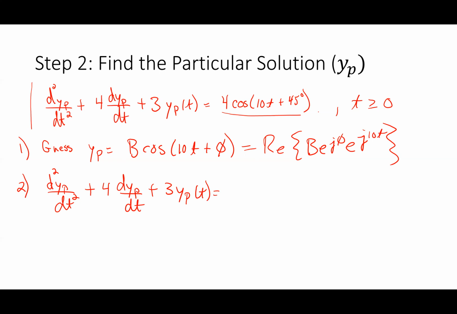I don't say 4 cosine 10t plus 45 degrees. I put its dynamic phasor. What's the dynamic phasor that goes with that? What goes with 4 cosine 10t plus 45 degrees? That's going to be 4 e to the j 45 degrees, e to the j 10t. Yep, that's it right there.